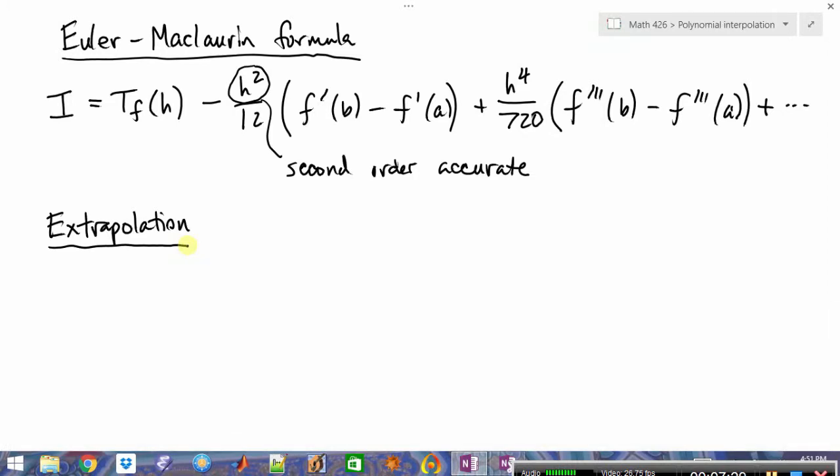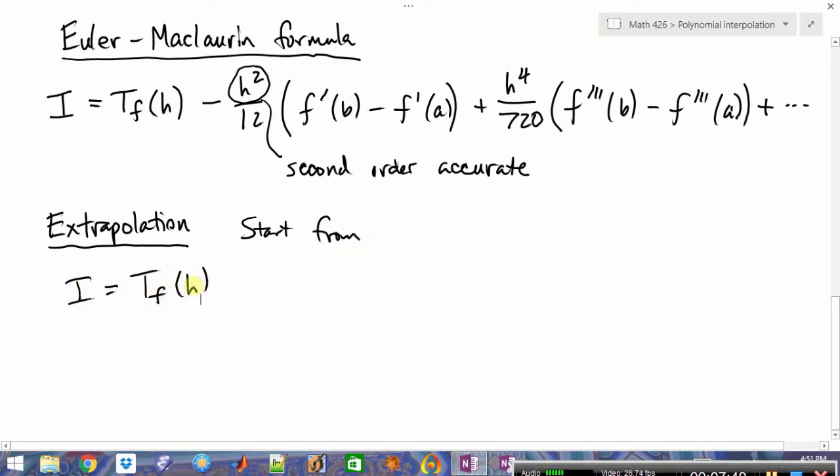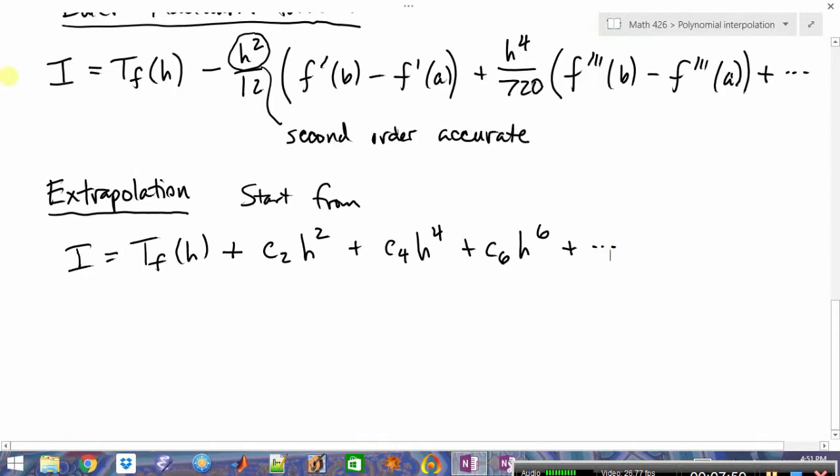And it's actually pretty simple-minded. We start from the fact that, thanks to the Euler-Maclaurin formula, we know that the true integral is the trapezoid number plus some constant times h squared, and then another constant times h to the 4th, and another one times h to the 6th, etc. What's important is that I don't have to know what these numbers are.